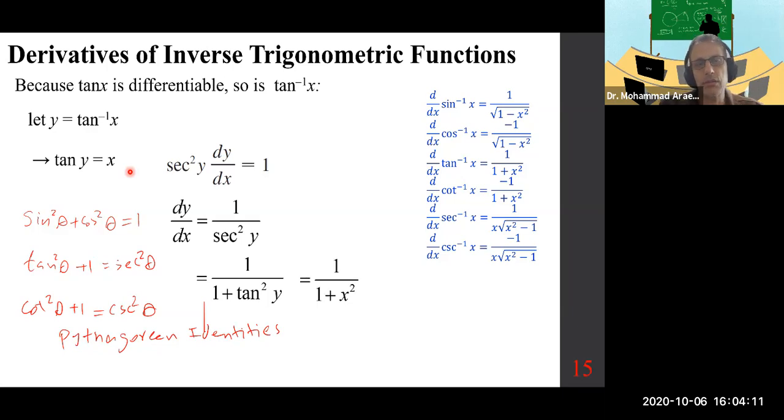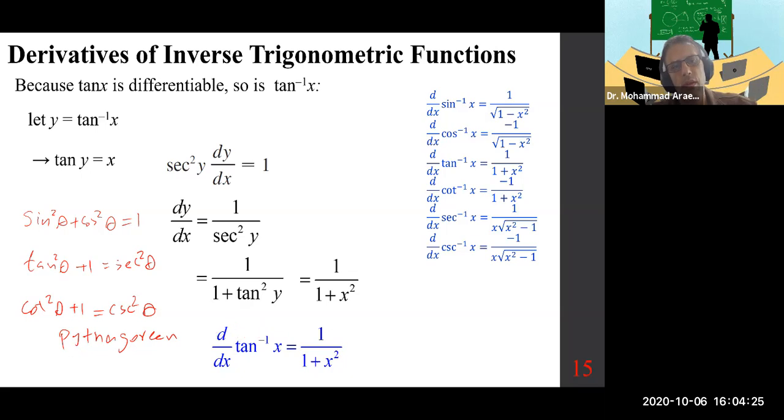And that's the answer. So the derivative of tan inverse x is equal to 1 over 1 plus x squared. We proved that. Pretty straightforward.